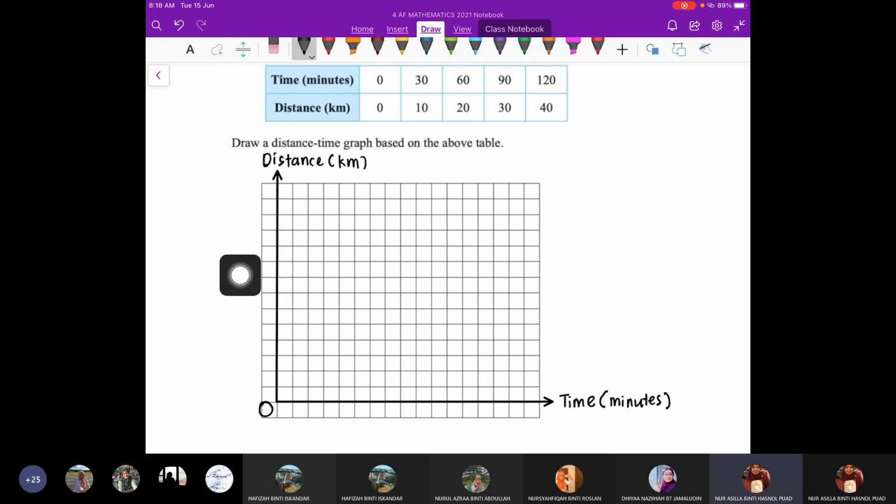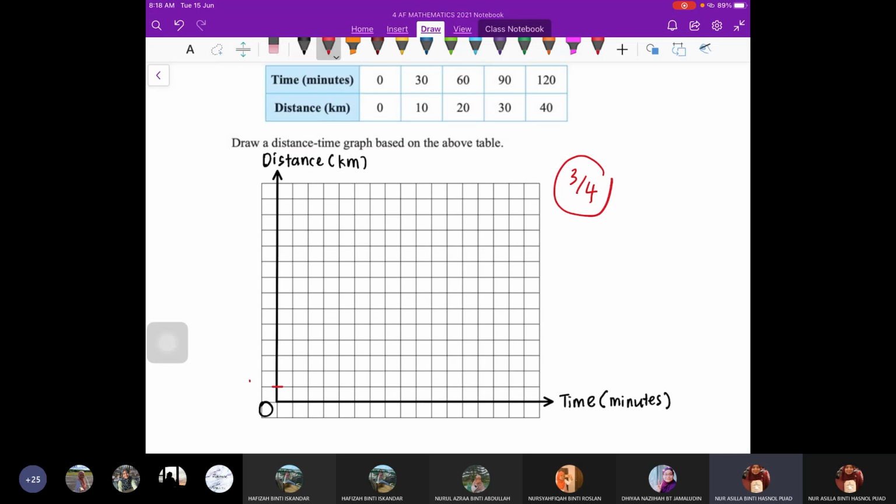So dalam graph paper kamu, graph kamu mestilah memenuhi 3/4 daripada ruangan yang diberi. Okay. Your graph must cover 3/4 of the graph. Okay, ataupun the grid given. Dia tidak boleh terlalu kecil. Seperti contoh saya buat kat sini.